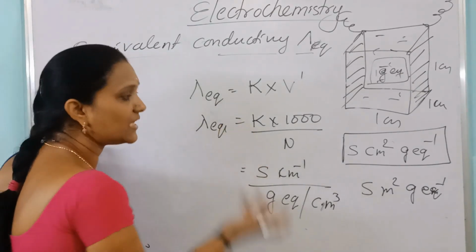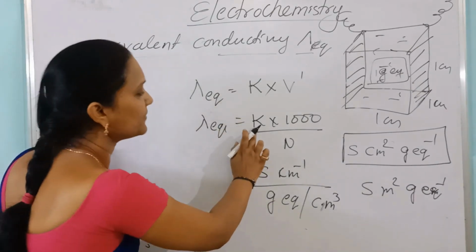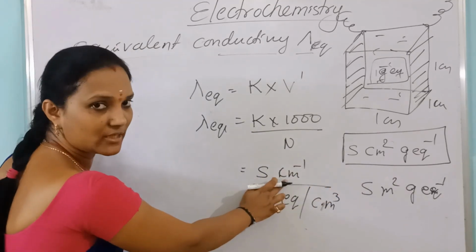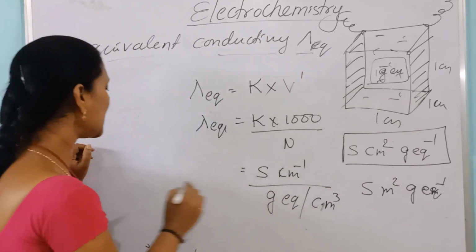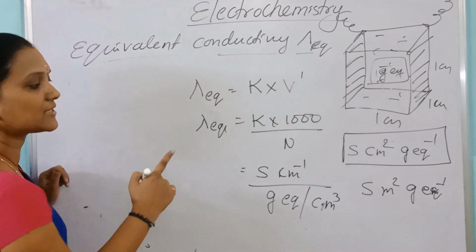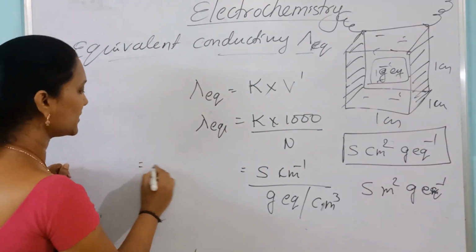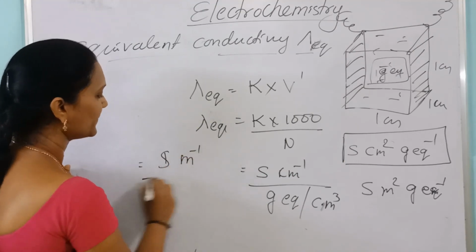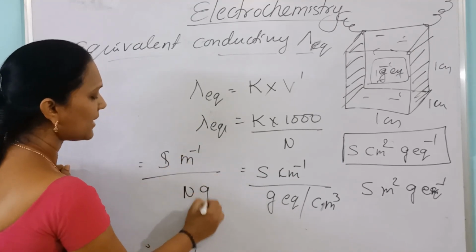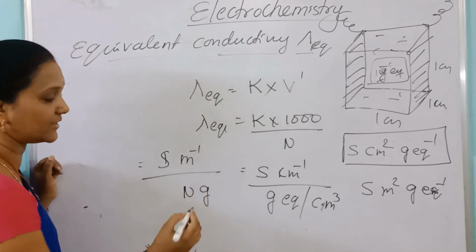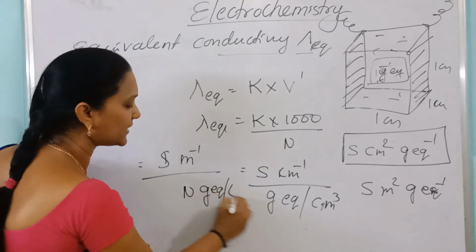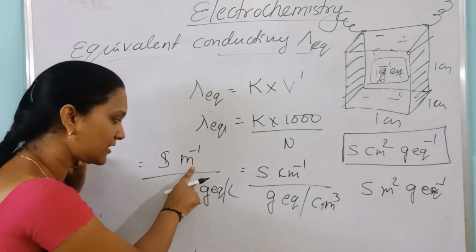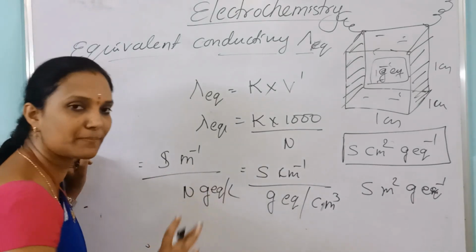Now if it is in meters, what do we have to use? If K is given in Siemens per meter instead of Siemens per centimeter, here we should get Siemens meter square. K is Siemens per meter, and normality is gram equivalent per liter.